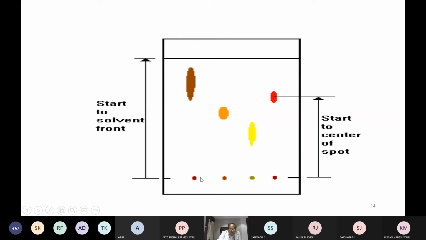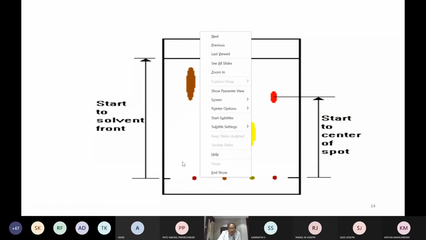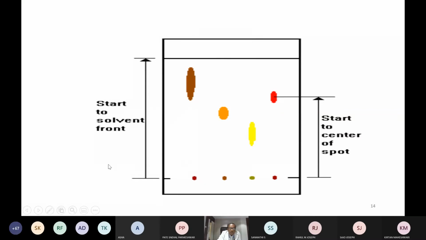If that consists of any amino acid of any grade, it will move along with this solvent and get fixed, stopped there according to its ability. The different separated, isolated parts will be these amino acids.